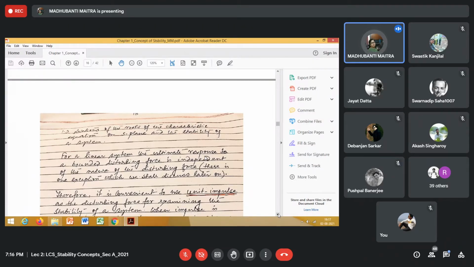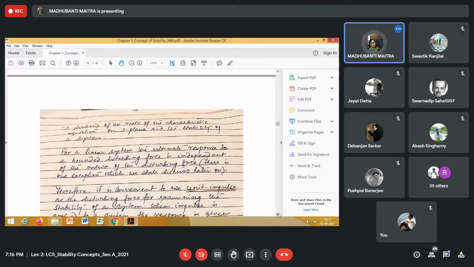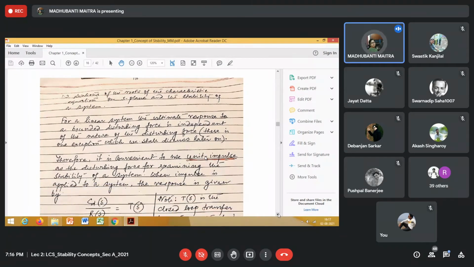Is it absolutely clear, or do I have to repeat? No, ma'am, it's clear. Okay, so that's why we are arguing that the output response of a system is not dependent on the nature of the input force. Though there is one exception that we'll discuss later on.